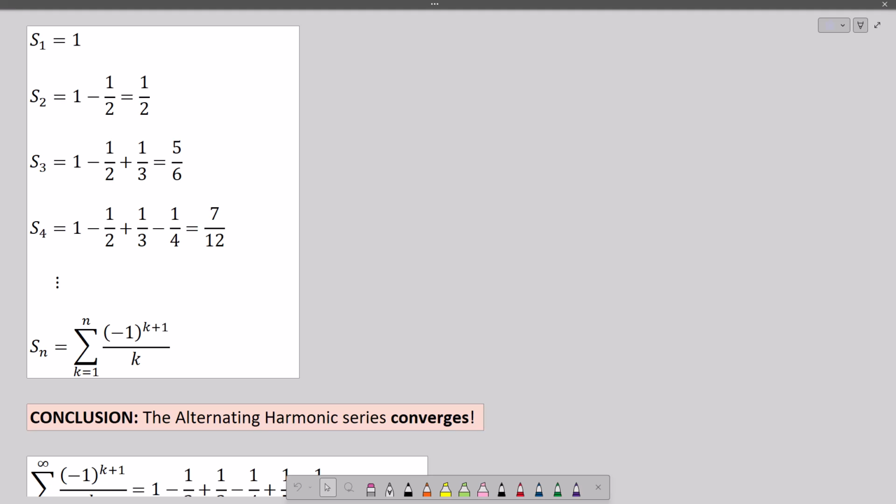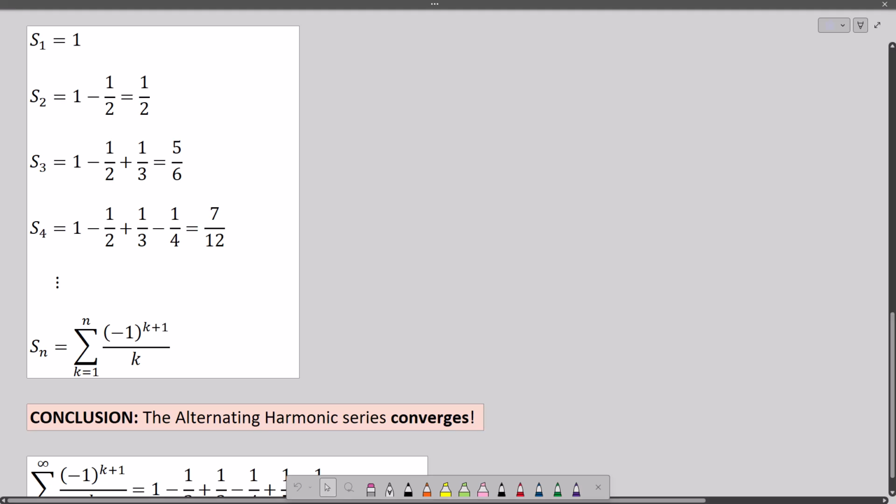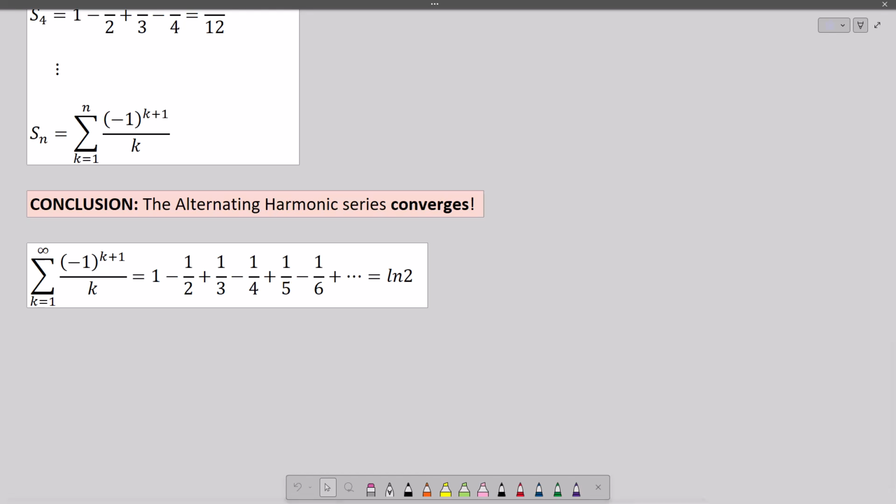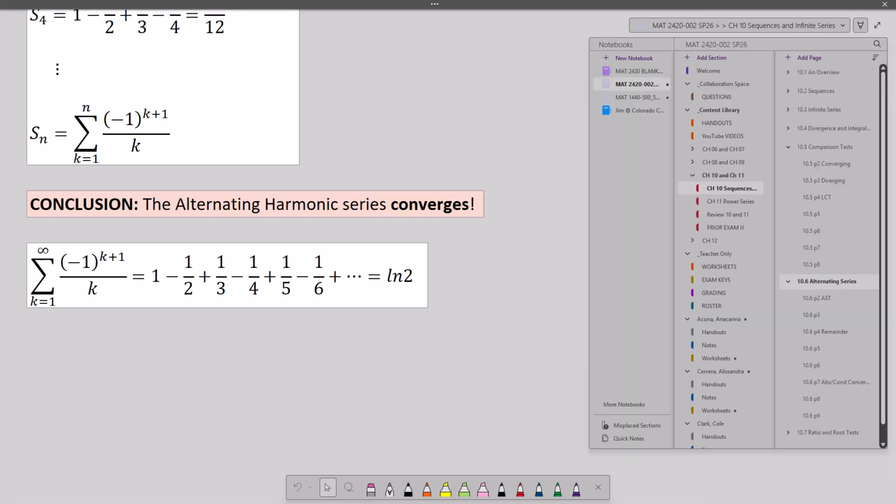You could show that this sequence of partial sums does converge to natural log of 2. It's hard, but you could do it. We're not going to do it in this class. We've seen a picture of the partial sums, we can see that they converge, and we'll take it on face value that it converges to natural log of 2. We're not going to prove it.